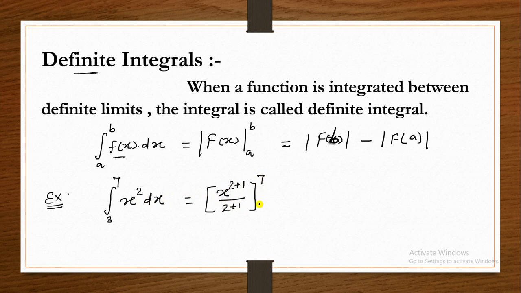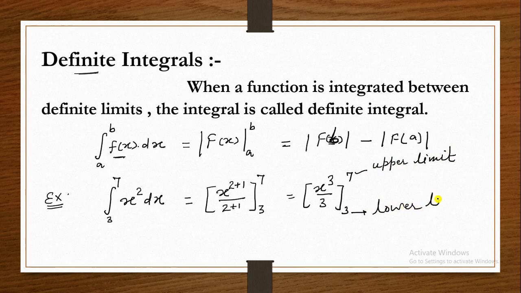Write the upper limit and lower limit, equal to x cube upon 3, with the upper limit and lower limit. This is the upper limit and this is the lower limit.